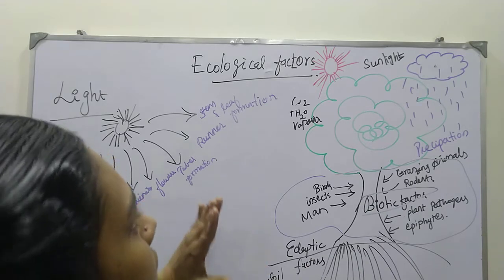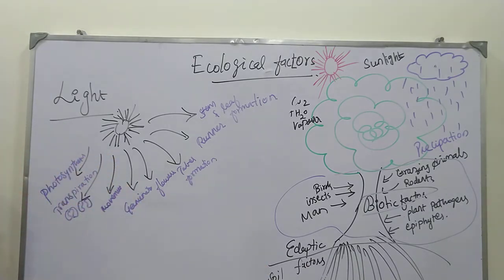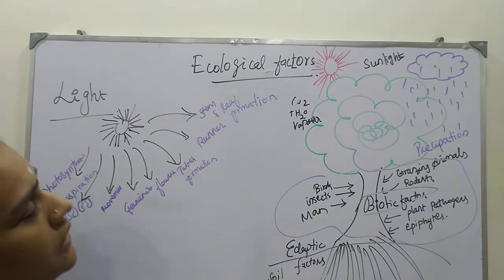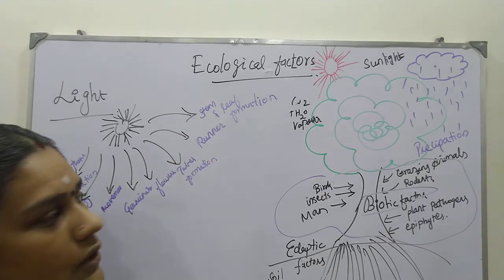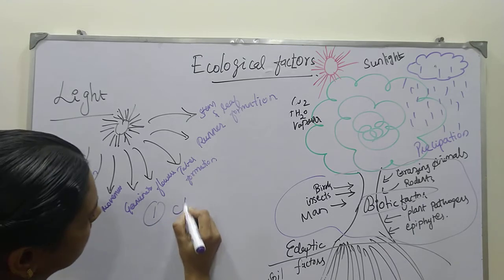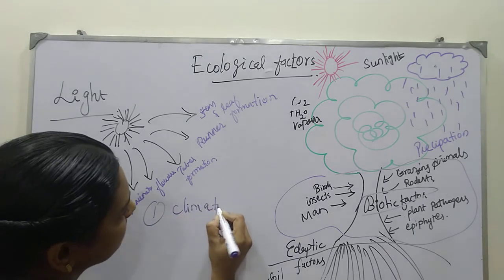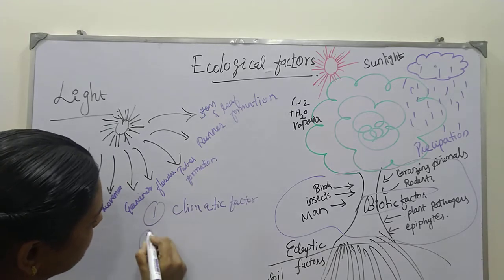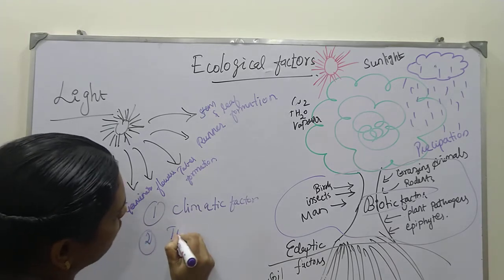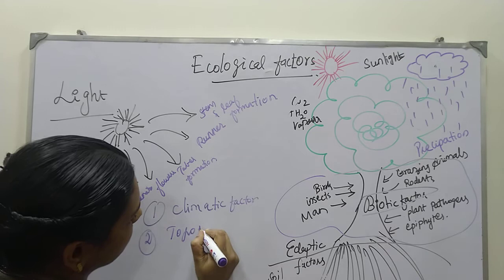Now I come to the ecological factors. This ecological factor is again classified into the following. The first one is the climatic factor. The next one is the topographic factor.